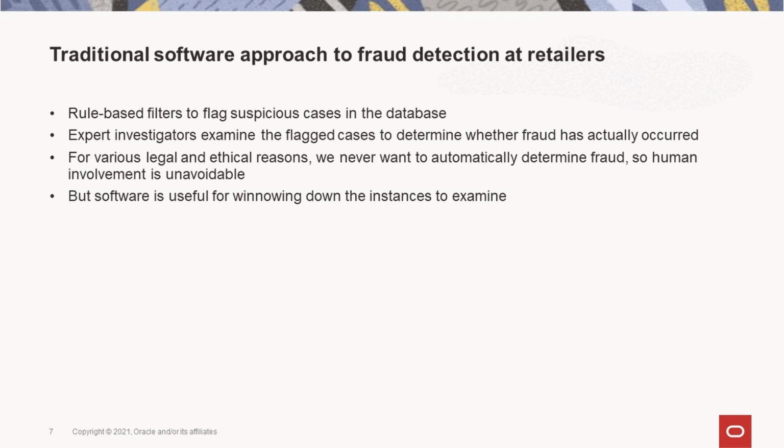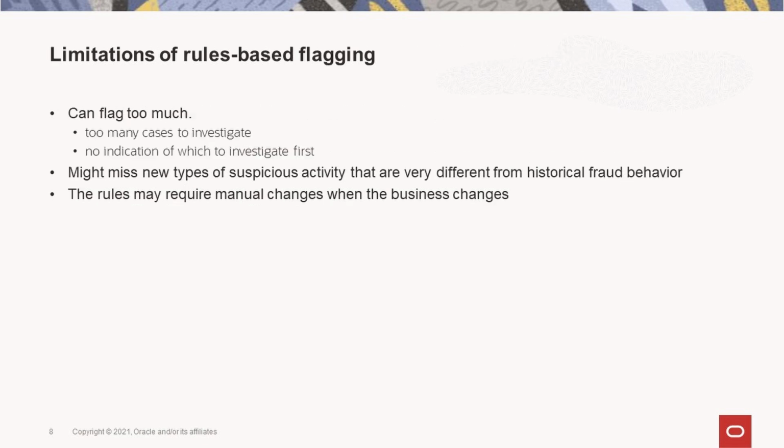So that's what we're going to talk about today. Instead of doing rules-based software, is there something else we can do that might be better? What are the limitations of doing rule-based? Well, the typical problem is they can flag too much. You've got too many cases to investigate, and you also have no indication of which to investigate first. So then sometimes retailers just say, well, I'm just going to give up. I'm not going to do this, right?